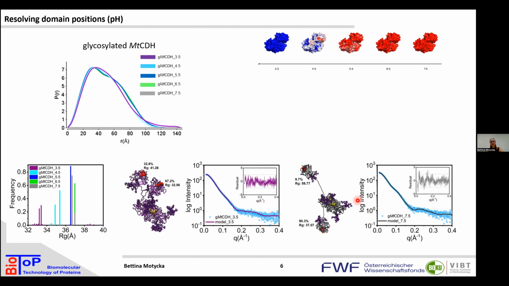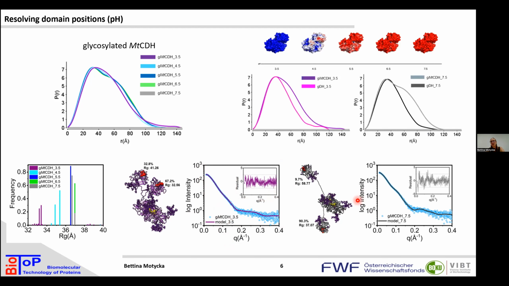And then, to be sure that the difference is really due to the cytochrome domain mobility, we performed a reference experiment where we measured the dehydrogenase domain separately, for the low pH 3.5 and the high pH 7.5.